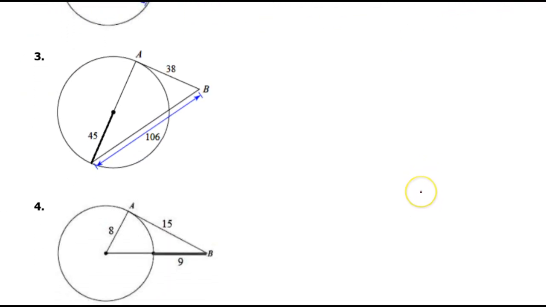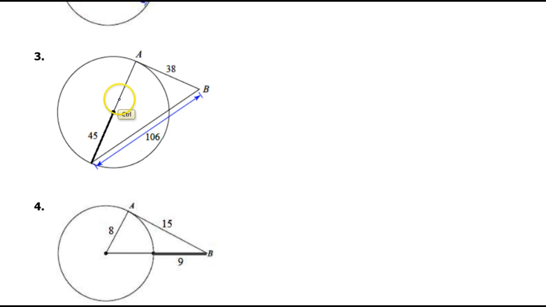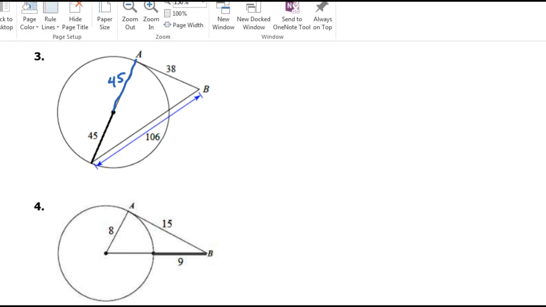Okay. What about this one, you guys? Before we really get too far gone, we need to pause and ask ourselves, wait a minute. They didn't give us the length of this whole side of the triangle, but they did give us a radius. So if that's 45, then that means this must also be 45.